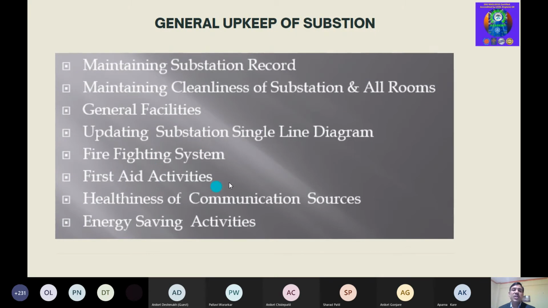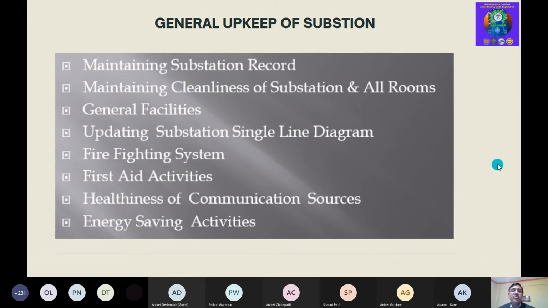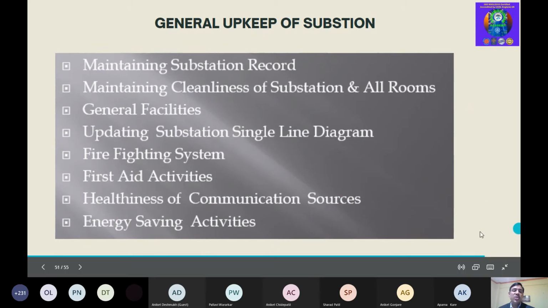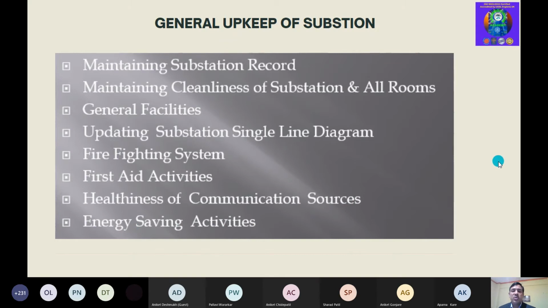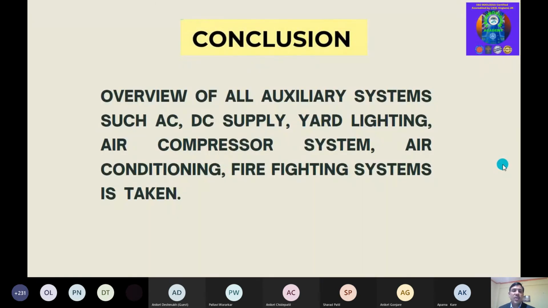You should have first aid in your station, because we cannot move any person who has come across an accident, and we cannot immediately go to the doctor. So we have to maintain the first aid system also. Healthiness of the communication system, and you can even think about energy saving activities in your station. So these are the general aspects when you maintain any auxiliary system.